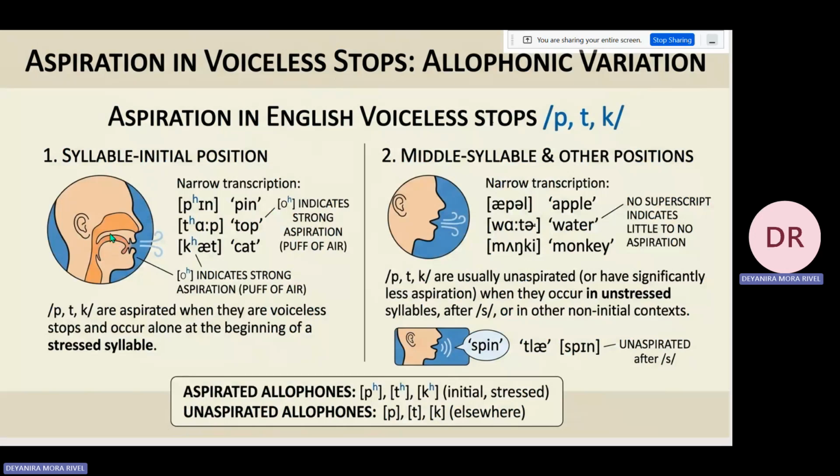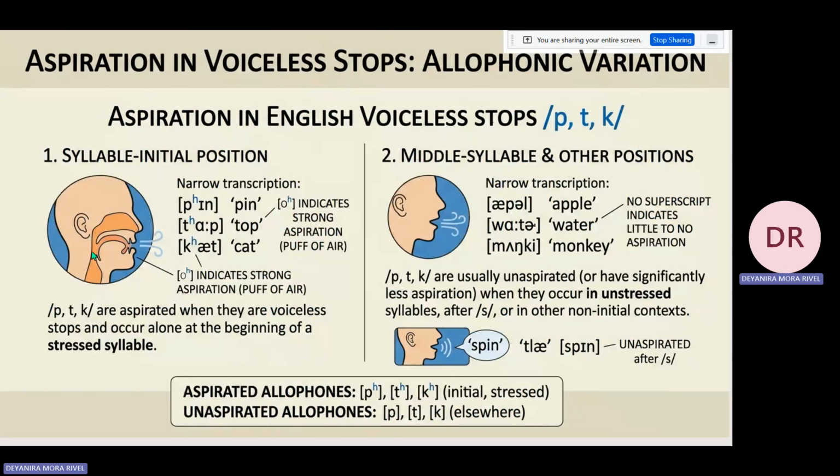So it's going to be p, t, k. So these words would be pin, top, cat. Not pin, top, cat, but pin, top, cat. That is the pronunciation that native speakers are going to make. Not the one that we use because we don't aspirate it.